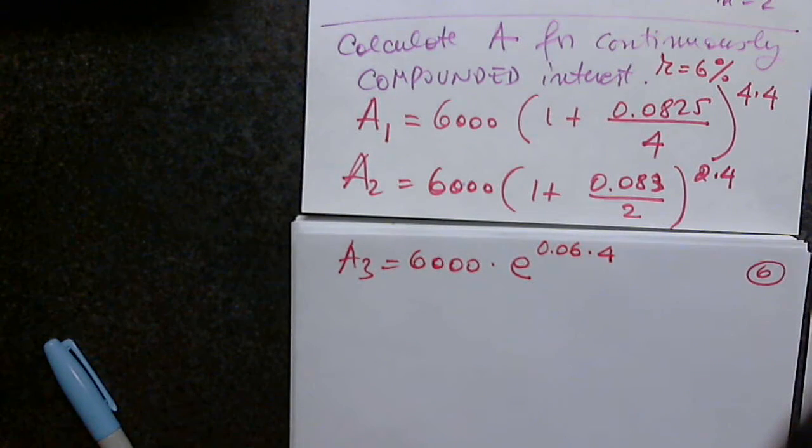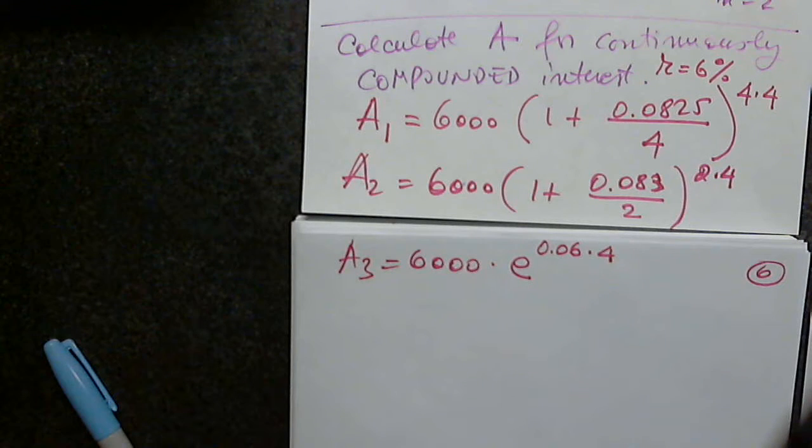We cannot perform the calculations without a calculator, so let's do just that. So 6,000, in parentheses 1 plus 0.0825 divided by 4, close the parenthesis, caret. If you don't want to put parentheses, put directly 16.